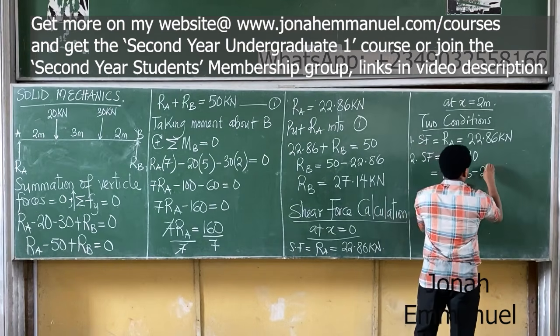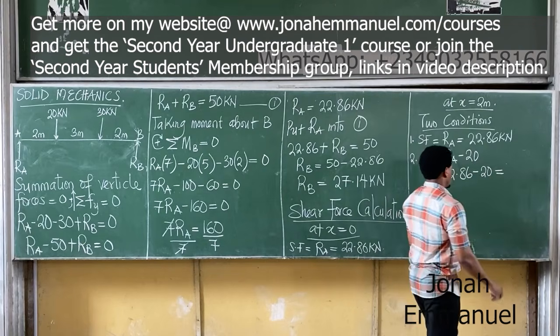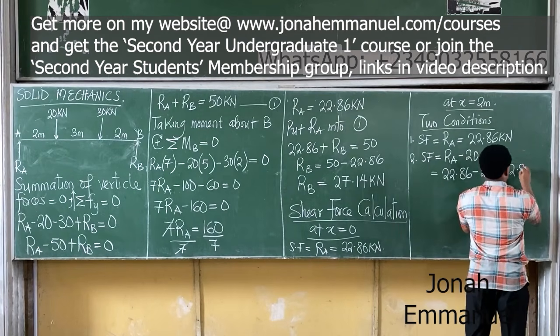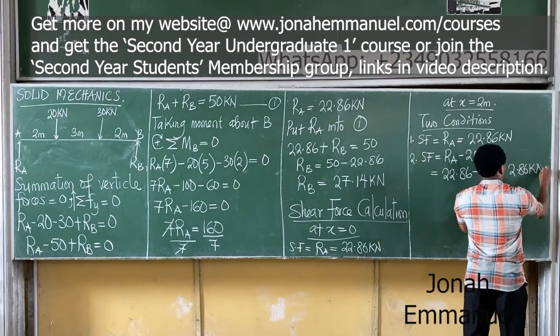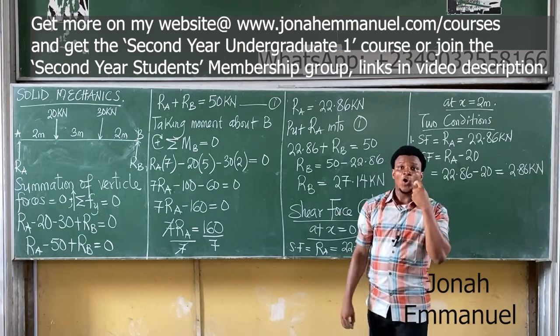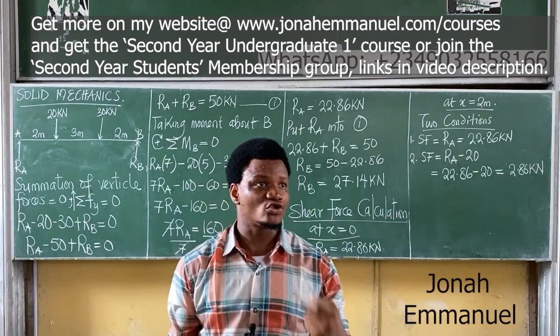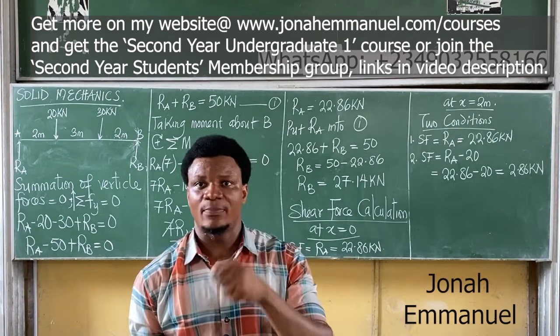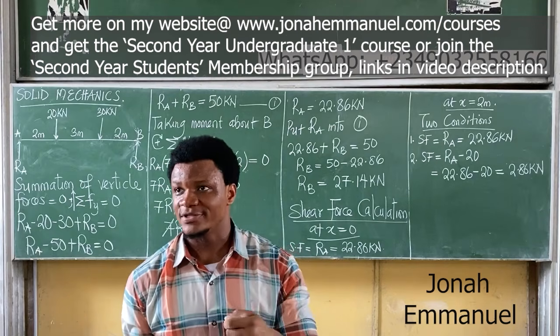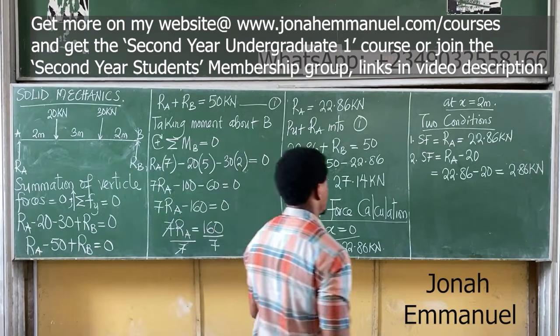What's the value here? That's 2.86 kilonewton. That's all. Condition 1, all the forces before that point, and condition 2, all the forces before that point plus the force at that point.